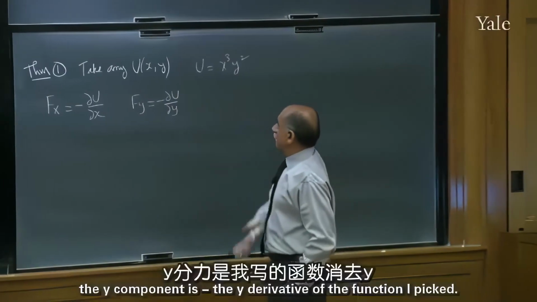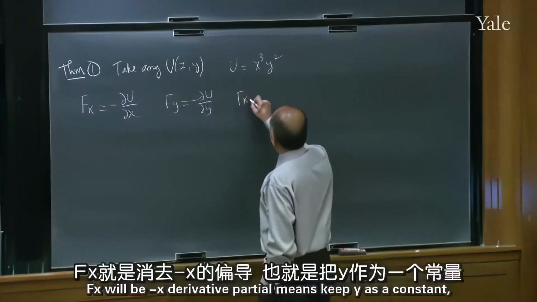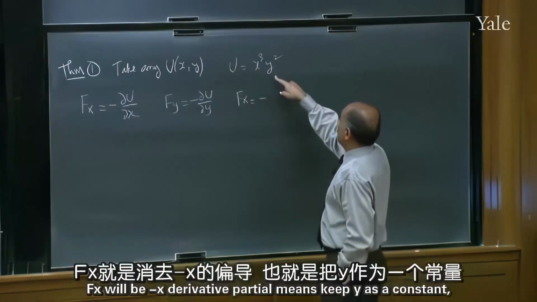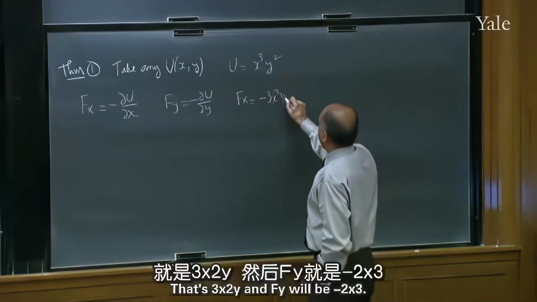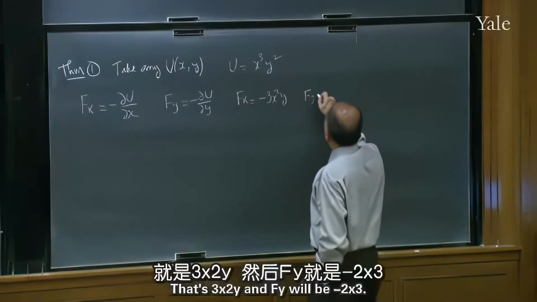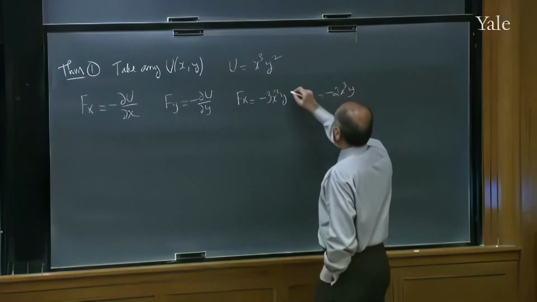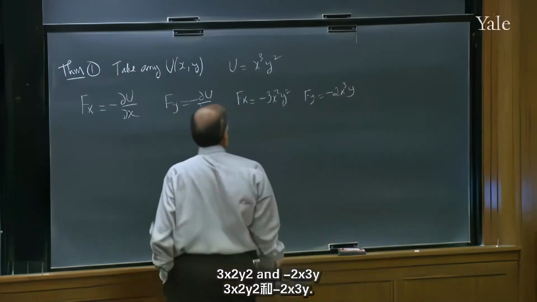The y component is minus the y derivative of the function I picked. So in my example, fx will be minus the x derivative. Partial means keep y as a constant, take the derivative with respect to x. That's 3x squared y squared. And fy will be minus 2x cubed y.